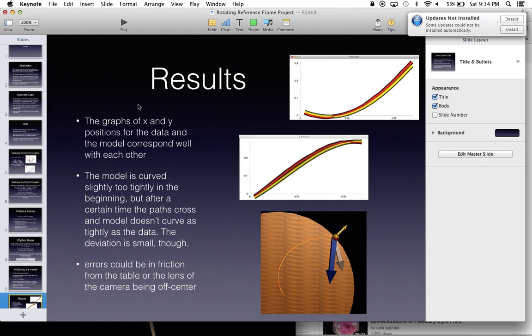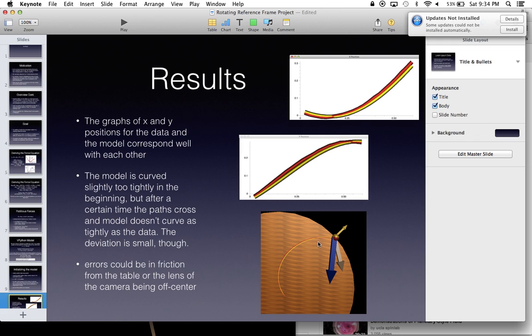So, results. The graphs of x and y positions for the data and the model correspond well to each other. Here's the x position, here's the y position. They correspond well, however, there are some places where they don't match. If we look at the actual trace of the path, yellow is the prediction, red is the model.